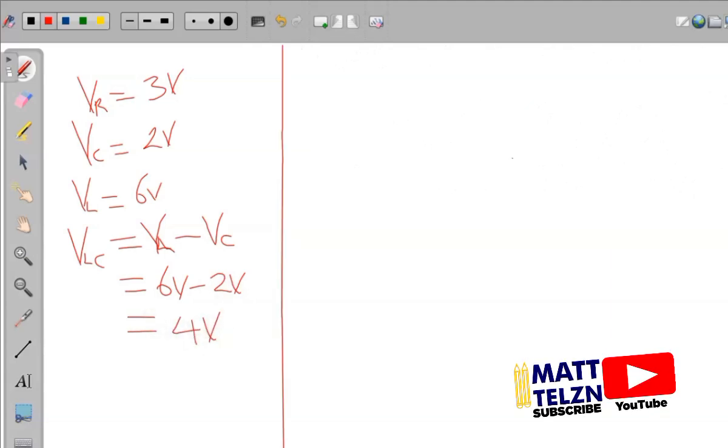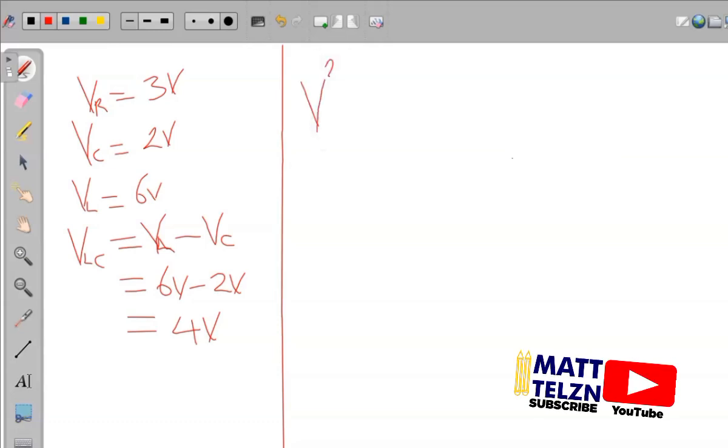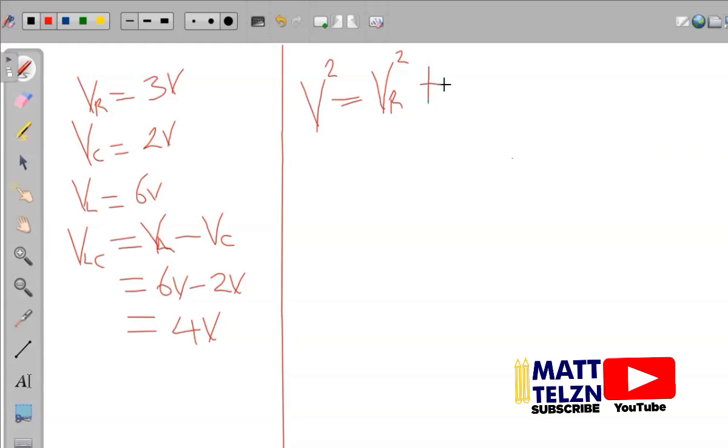Now, by using vector addition due to phase differences, the total voltage in an RLC circuit is found using this formula: V squared equals VR squared plus the difference, VLC squared.